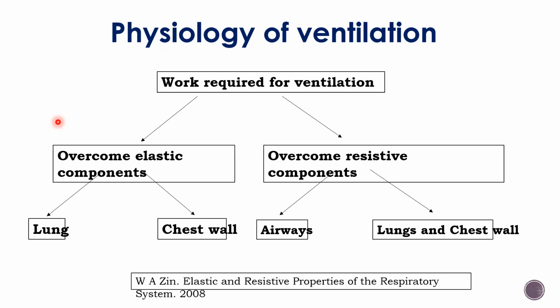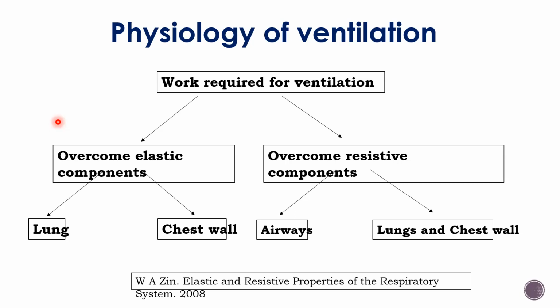For the elastic property of the lung, when you give some pressure, the structure tends not to get deformed. You should give a sufficient amount of force so that it changes its shape and expands, but does not deform completely, so that it can come back when the force is released.